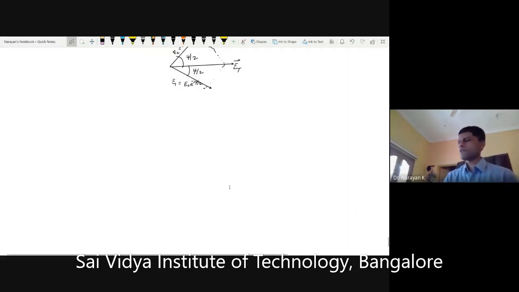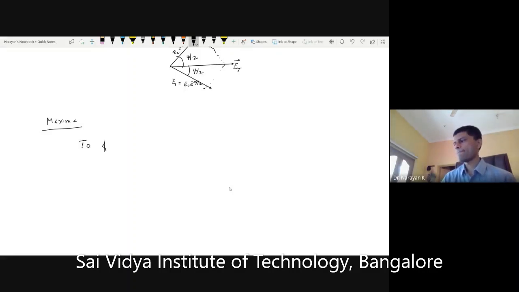Now another thing we have to find is the maxima, minima, and the half power point directions for this. To find the maxima direction, we have found the electric field. Now maxima direction, minima direction to find the radiation pattern.